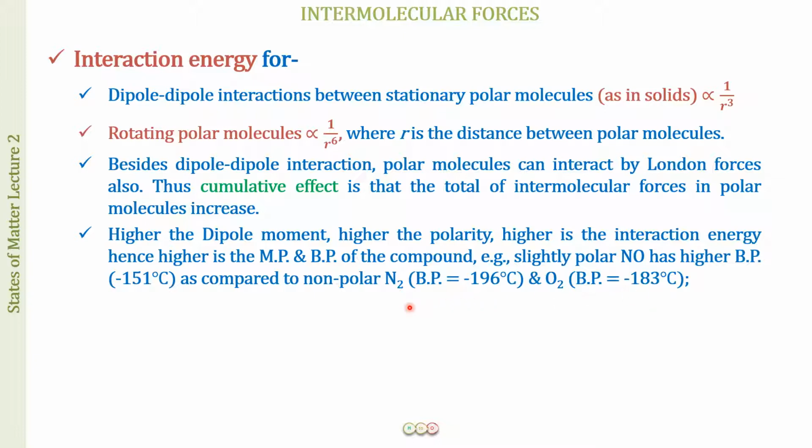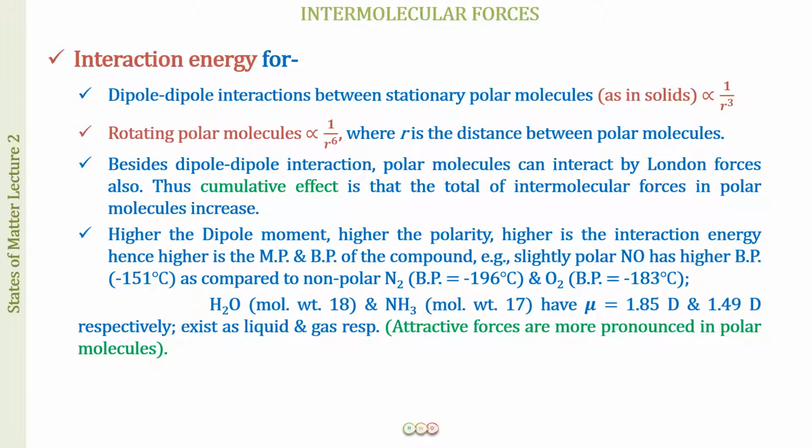So nitrogen and oxygen, which are non-polar molecules, have lower boiling points as compared to the NO molecule, which is a polar molecule. Okay, so I hope you can remember this. This is very important: because of the dipole-dipole interaction, polar molecules have higher boiling points and melting points.